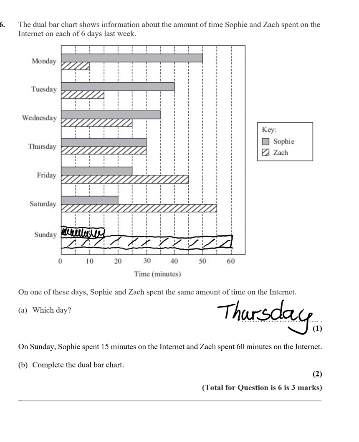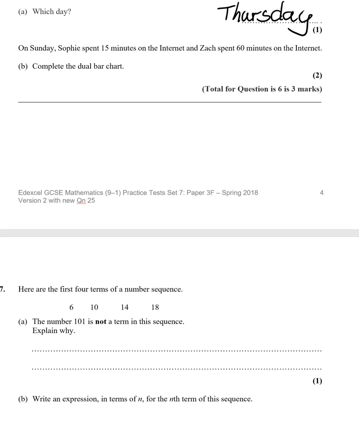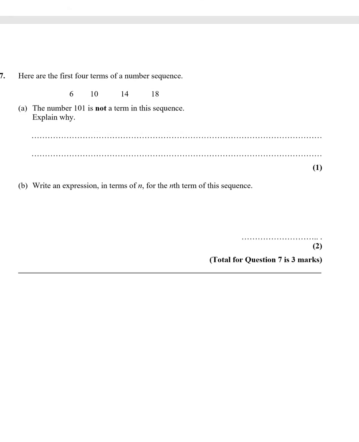Okay, so moving on. Question 7. Here are the first 4 terms of a number sequence. 6, 10, 14, 18. The number 101 is not a term in the sequence. Explain why. Well, the sequence is all even.